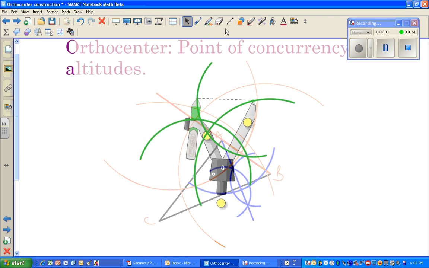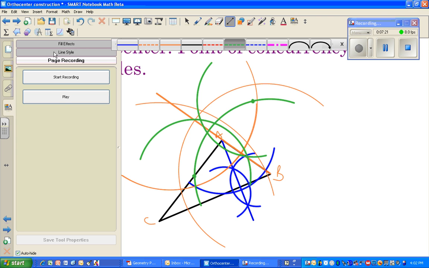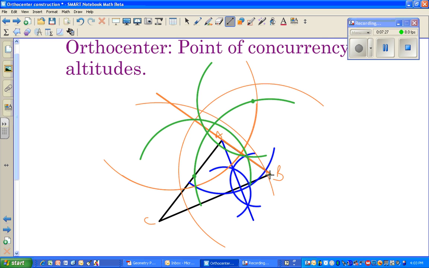Now I'm going to connect from B to that point of intersection. So I'm going to connect from B, perpendicular to the third side.